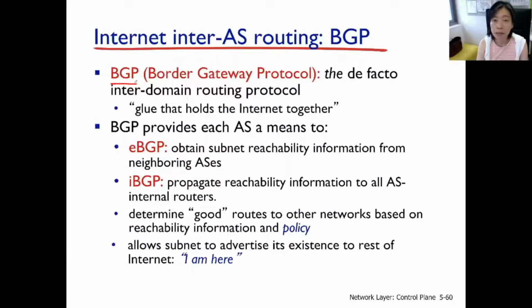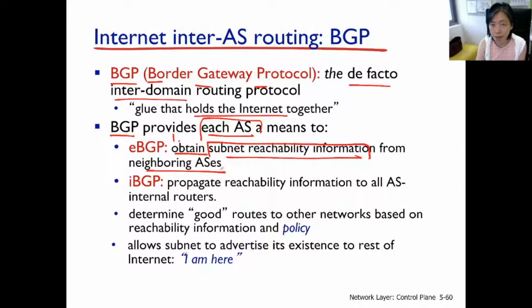First line, BGP stands for Border Gateway Protocol, and once again, it is the one and only inter-AS routing protocol that's holding the internet backbone together. To be more precise, it allows each AS the following. First, it allows the gateway router for the AS to receive subnet reachability information from the neighboring ASs. This is very similar to distance vector.